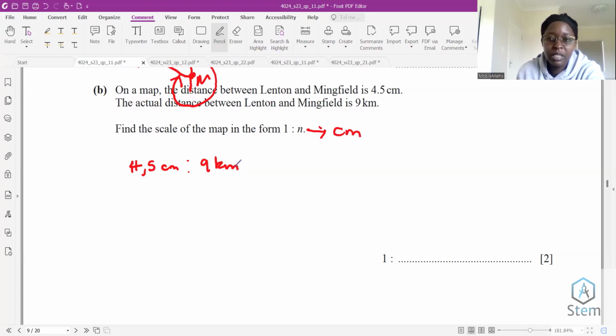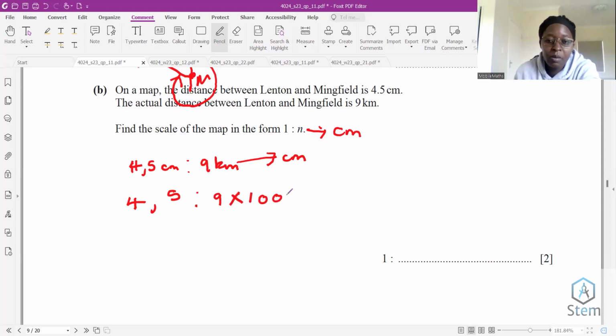Let's change this kilometer to centimeter. Kilometer to meter we multiply by 1,000, then meter to centimeter we multiply by 100.